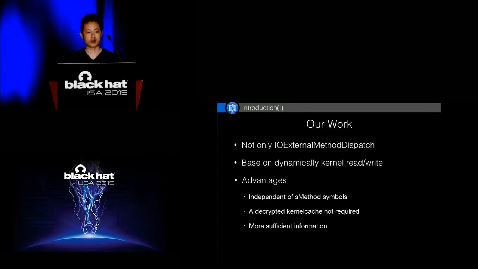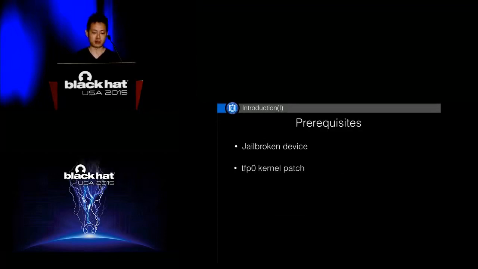What's more, we are independent of method symbols and a decrypted kernel cache, and more sufficient information can be obtained. Before our work, there are two prerequisites listed here: you need a jailbroken device and task_for_pid 0 kernel patch.